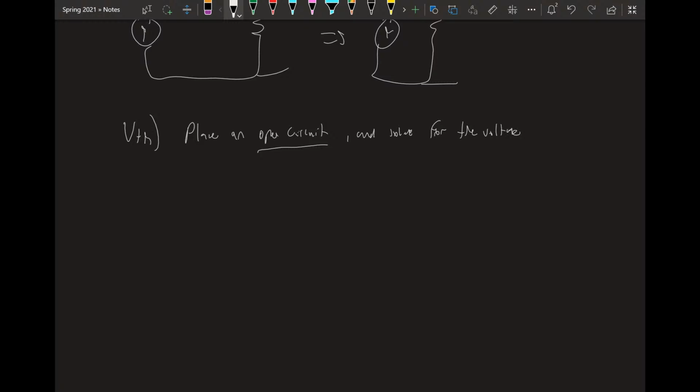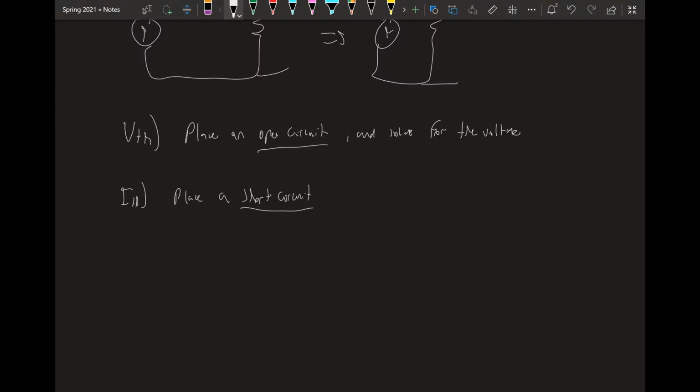For I Thevenin, you're going to place a short circuit. This is a special case of zero load. And you're going to solve for the current through the short circuit; that is your I Thevenin. And here you have the open circuit voltage equals V Thevenin, right? And so you can solve them like that.